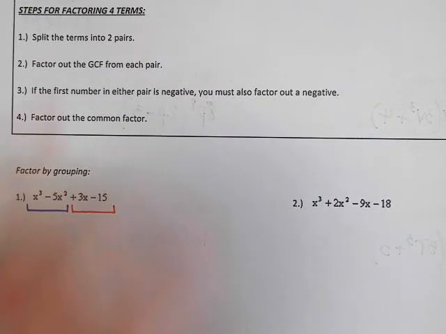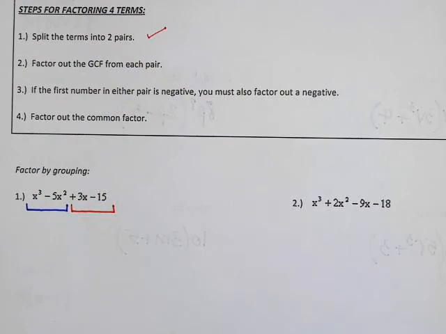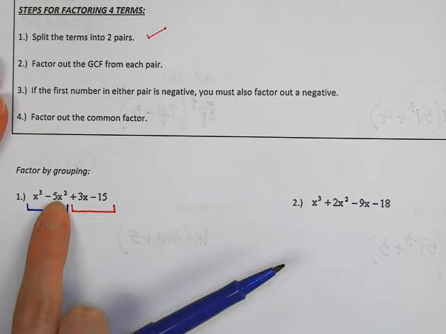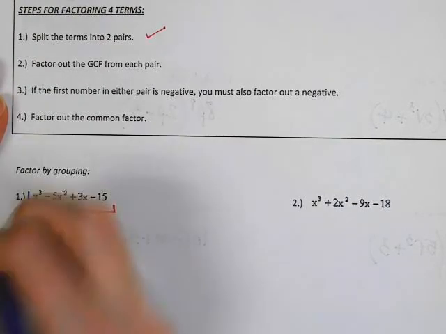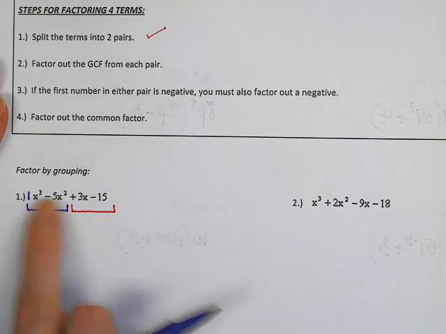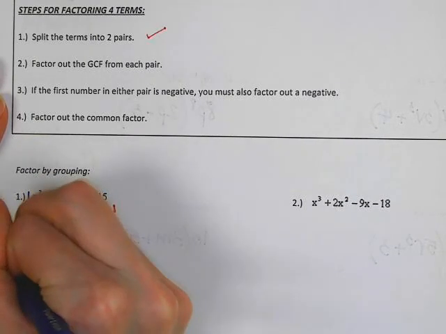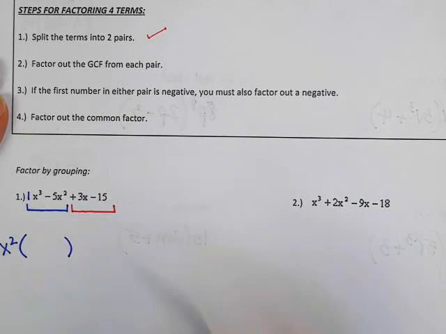All right, step 1 done. Factor out the GCF from each pair. So the GCF of these guys is going to be 1, right? Because 1 and 5, you can pull out a 1. And then the smaller power is x squared.